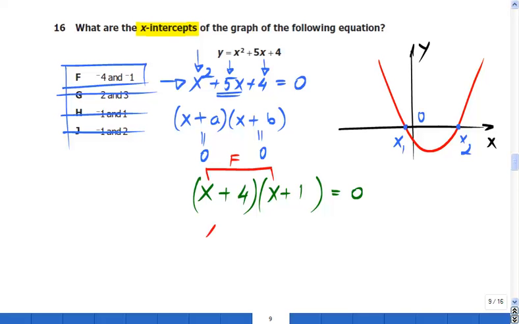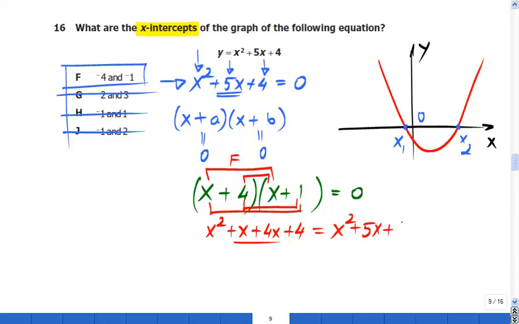First, x times x is x squared. O means multiplying the outer terms, x times 1 is x. I stands for inner terms, 4 times x is 4x. And then you have L for the last terms, 4 times 1 is 4. Combine your like terms, and this is going to be x squared plus 5x plus 4.